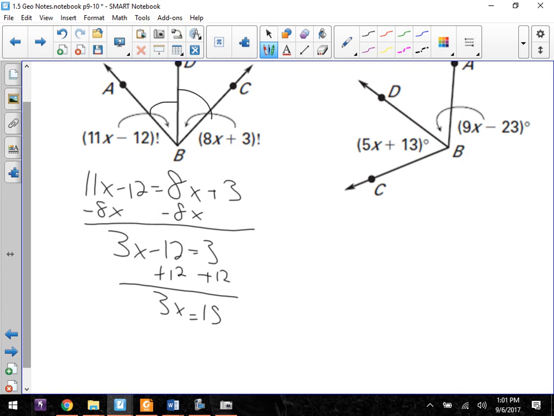Then what? And you get 5. Double check, make sure you didn't screw anything up. 8 times 5 is 40. 40 and 3 is 43. So this side's 43. 11 times 5 is 55. Subtract the 12, we get another.